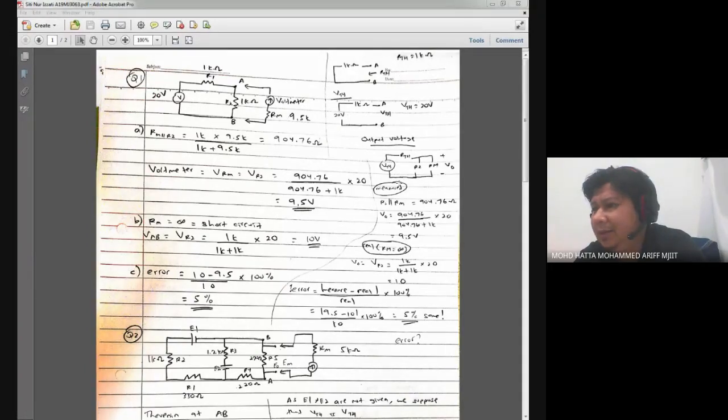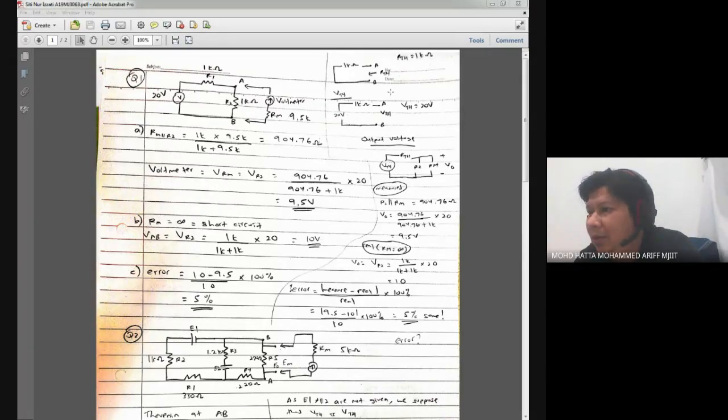All right, Izzati. I think your RTH value is wrong, because you cannot consider Rm to be in the original circuit. So the RTH over here, Rm parallel with R2, is referring to the RTH, right? No, Doctor. Oh, okay, RTH is over here.